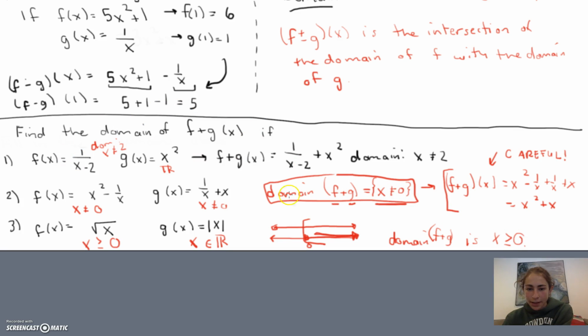And we could double check this by adding them. f plus g of x is just square root x plus absolute value of x. That domain, again, since there's a square root, has to be greater than or equal to 0. But be careful, just always compute it by first computing the domain of f, then computing the domain of g, and then combining the two restrictions.